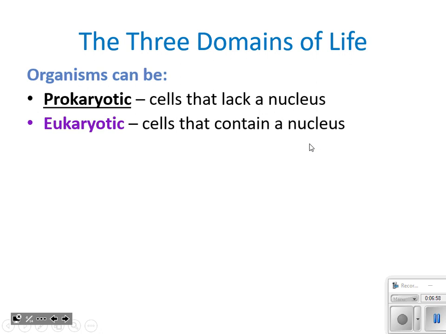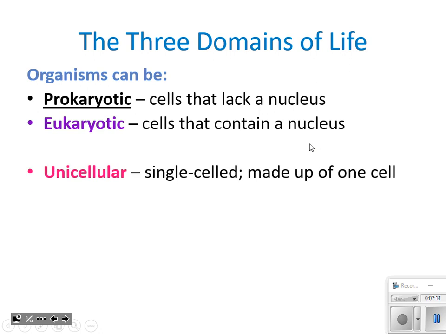Now, the next thing we're going to talk about here is unicellular and multicellular. Unicellular, uni. What's the prefix uni mean? Uni is one. So if something is unicellular, it is a single cell. It is made up of one cell. If something is multicellular, it is made up of many cells. Unicellular, single-celled.